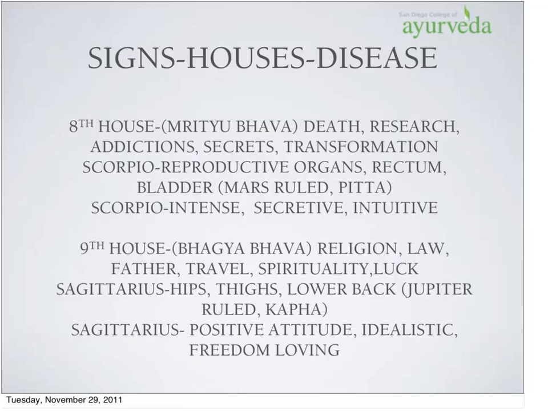The 8th house is Mrityu Bhava. This house is the house that deals with death. This house is a transformational house. The 8th house is a moksha house, so it deals with secrets and addictions, and many times addictions are a secret, and so it deals with all kinds of things of this nature. In the natural zodiac, it relates to the sign of Scorpio.